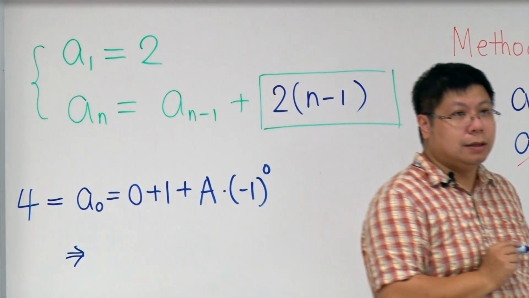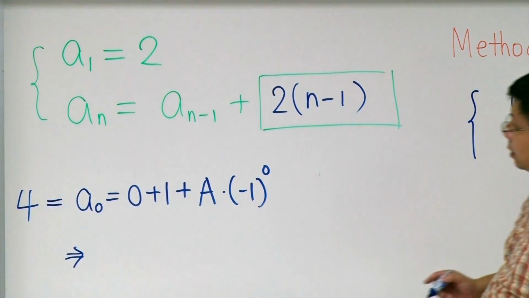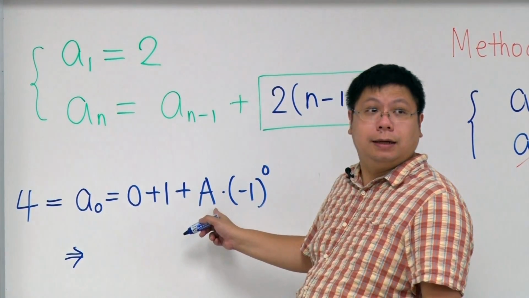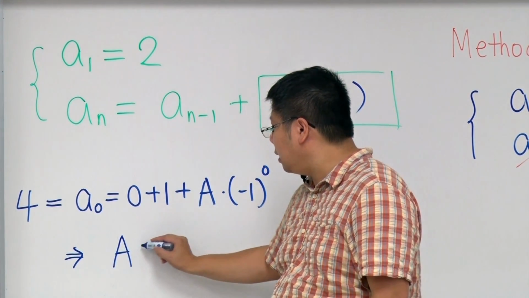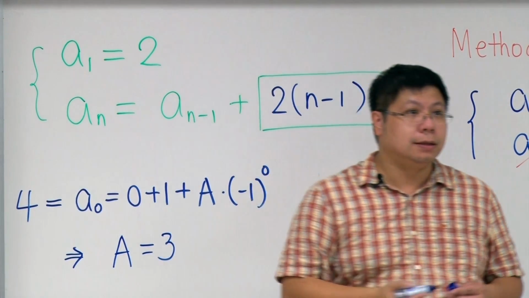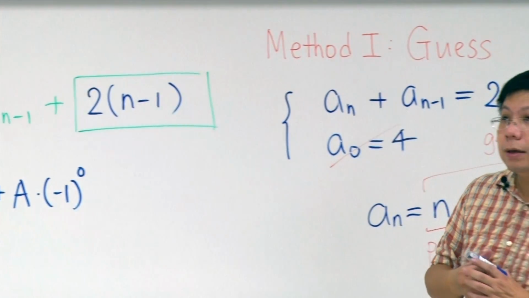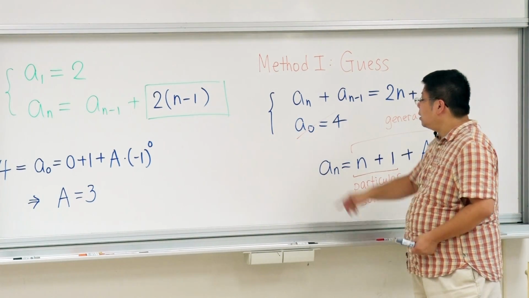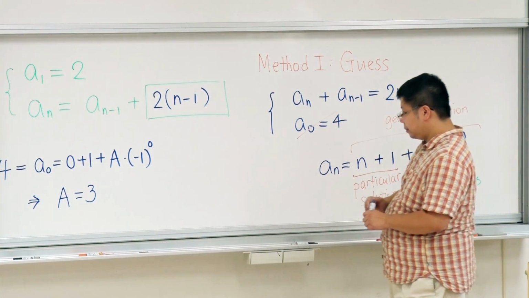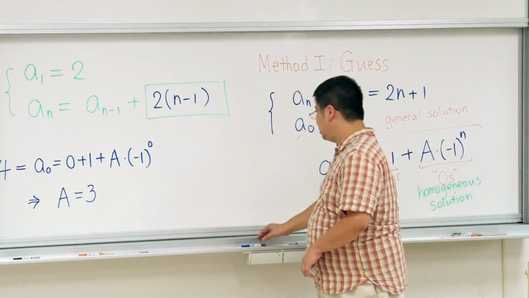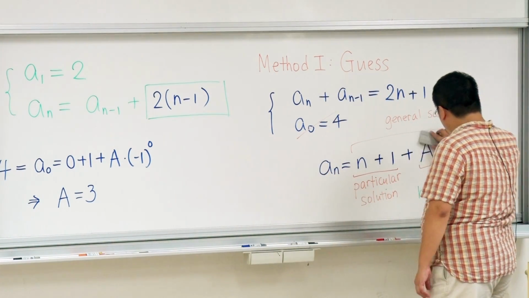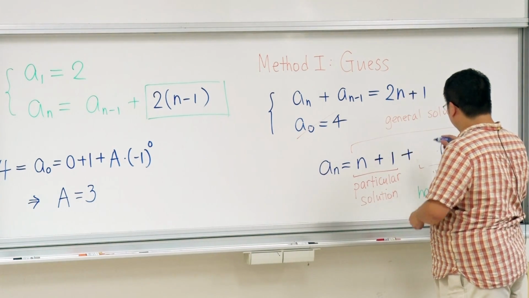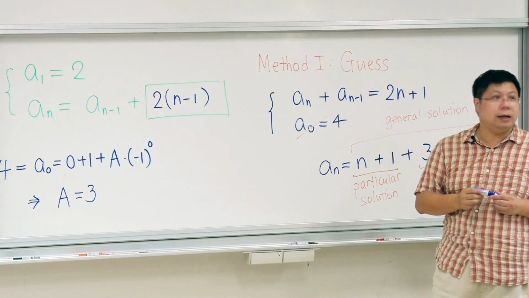And then what do we get? 4 is equal to 1 plus A. So we got A equal to 3 in this case. Okay? So when A is equal to 3, for this particular problem, the solution will be like this. Okay? Is that okay?